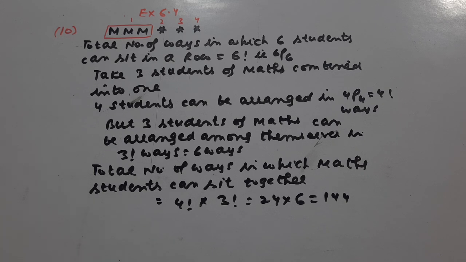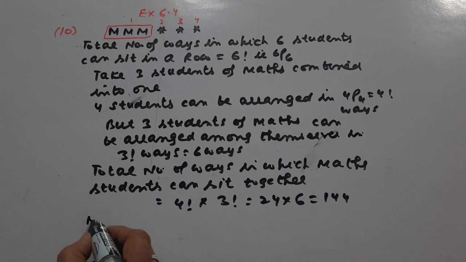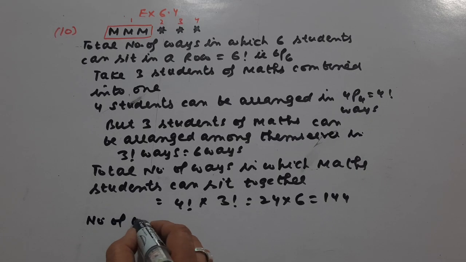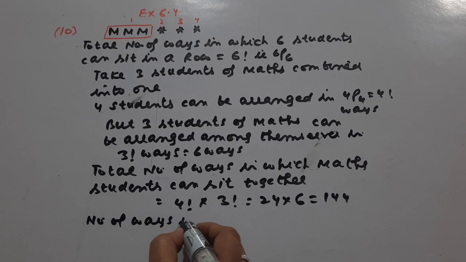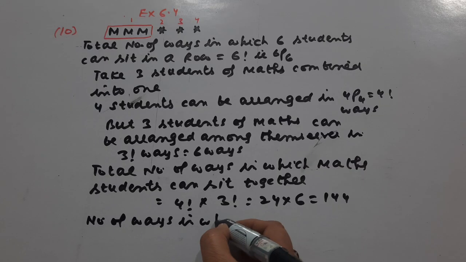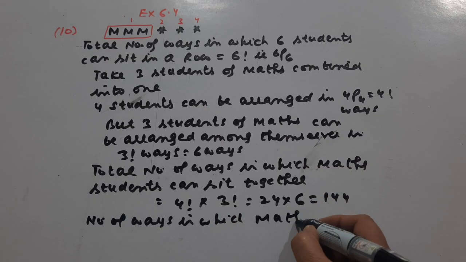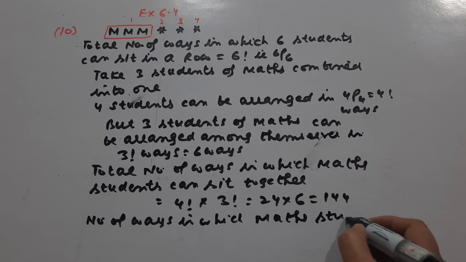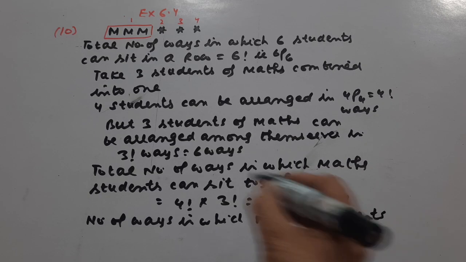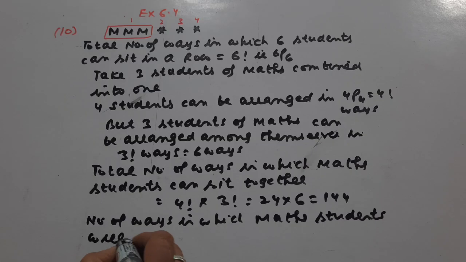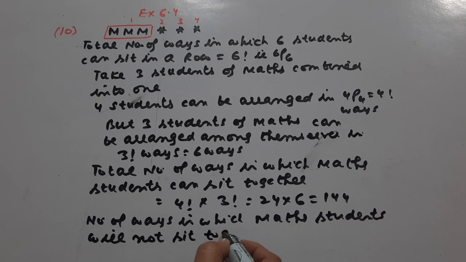So number of ways in which math students will not sit together is equal to 6 factorial minus 144.